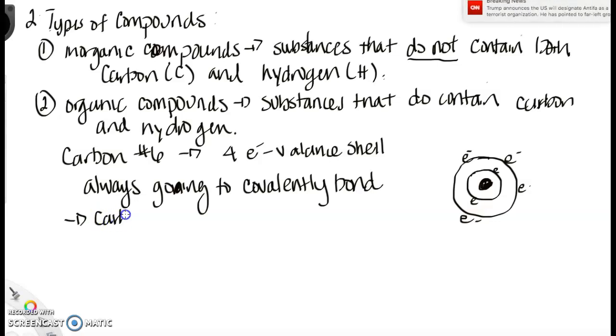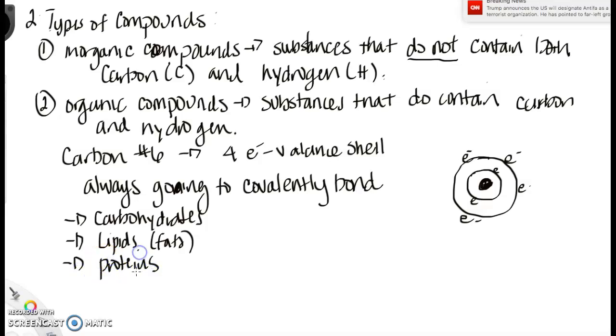We're going to talk about carbohydrates. Then we're going to talk about lipids. These are fats. We're going to talk about proteins. And we're going to talk about nucleic acids.